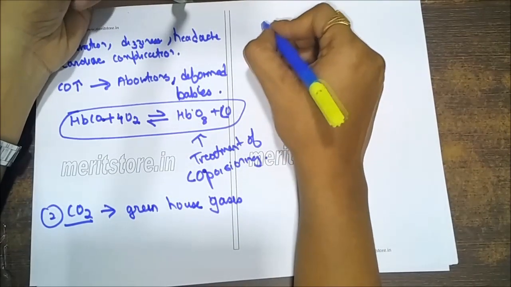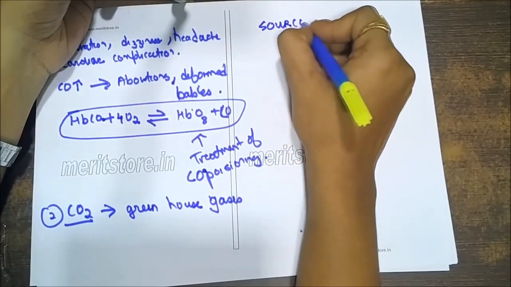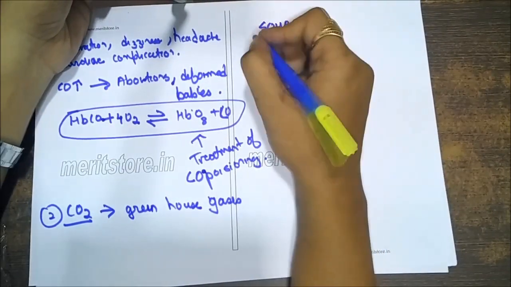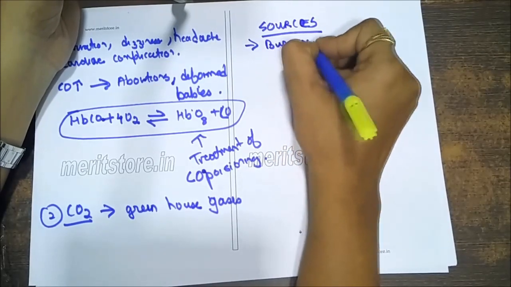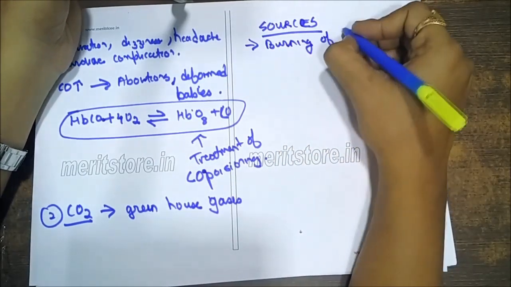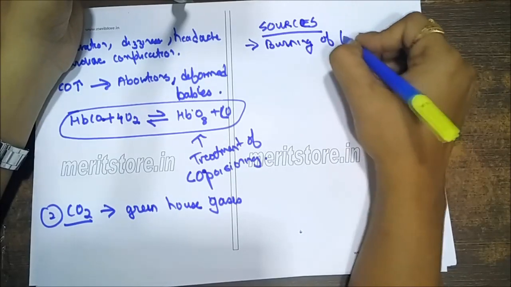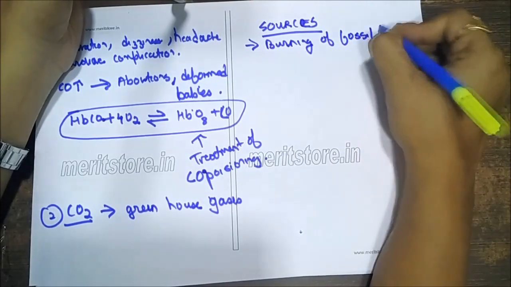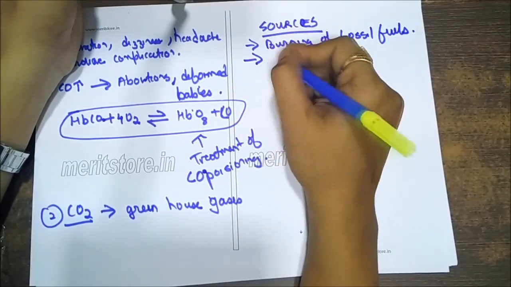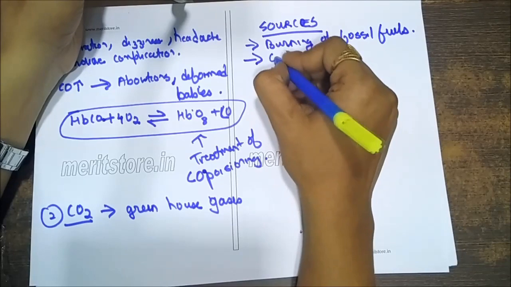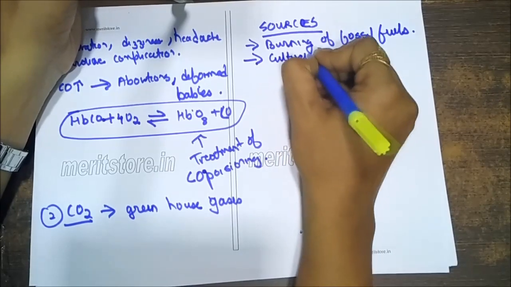All right. Now, what are the different sources of carbon dioxide release? First, burning of fossil fuels like coal, natural gas, etc. It causes the release of carbon dioxide. Next, cultivation of soil.